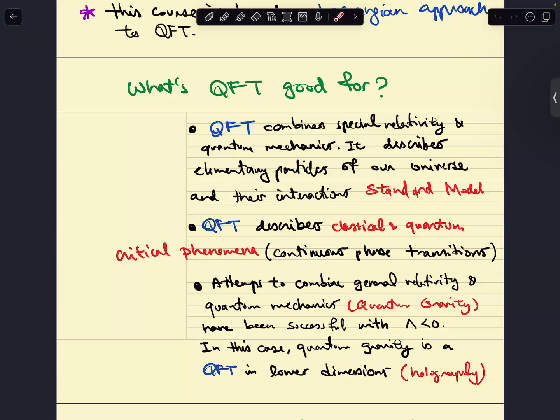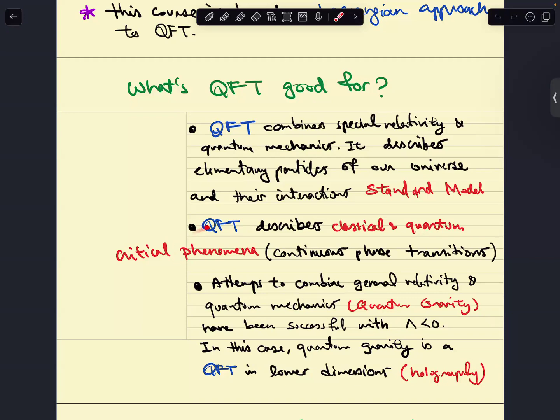This is one of the things that I'll try to emphasize more this year compared to last year. When I taught this last year, I would like to include more of this to just make that point. So usually quantum field theory is discussed in this context as a fundamental theory for special relativity, and putting quantum mechanics and special relativity together as a foundation of standard model particle physics and elementary particles of our universe.